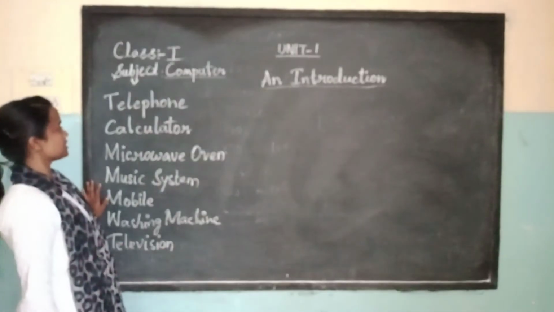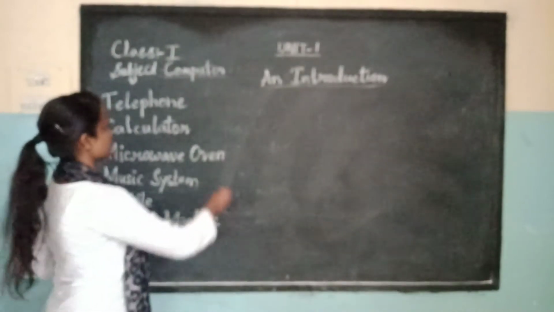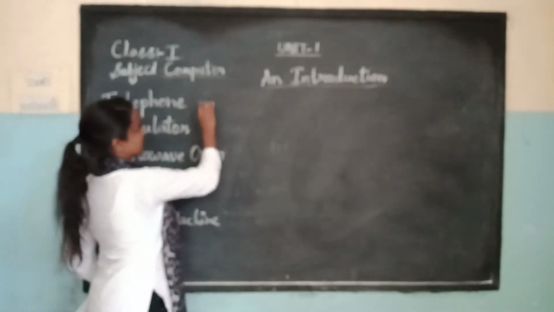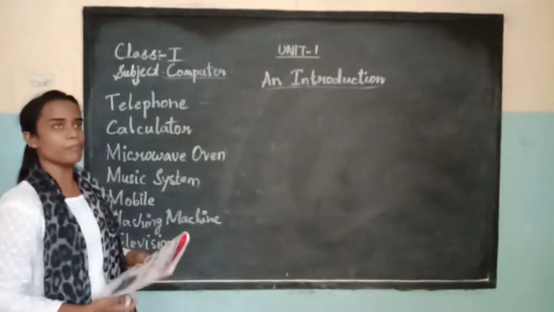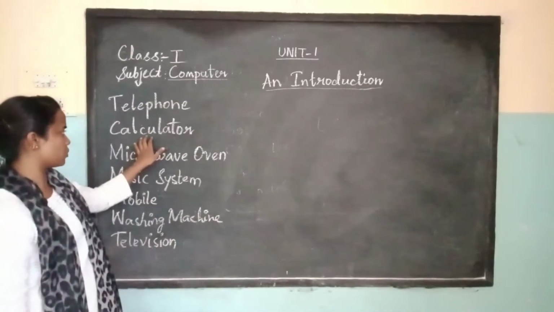You just look. Telephone. In olden days, we used to use telephones, landline phones, by calling from one person to another person. Second one is calculator, to do additions and subtractions easily.